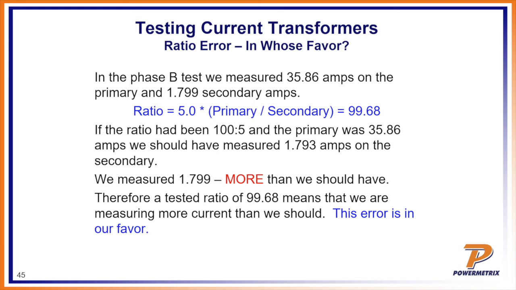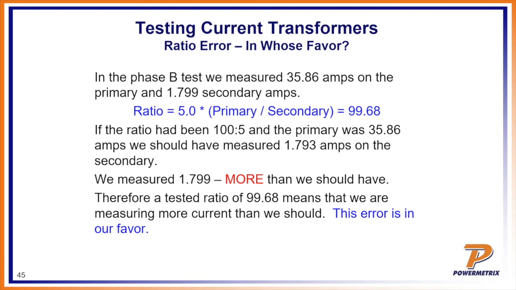If you step that down to 5, remember we're down to 5. To calculate that, you take the primary amps, 35 amps, divide that by the secondary, which is 1.8 amps, and then multiply that product by 5, and you get that 99.68. That's how you calculate that in a very manual way.